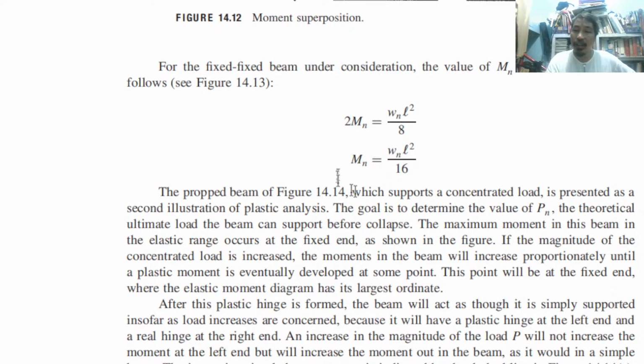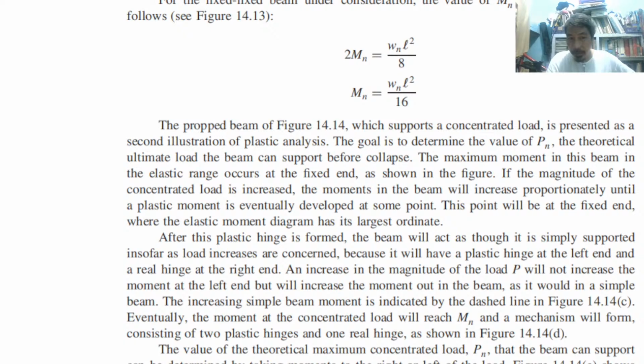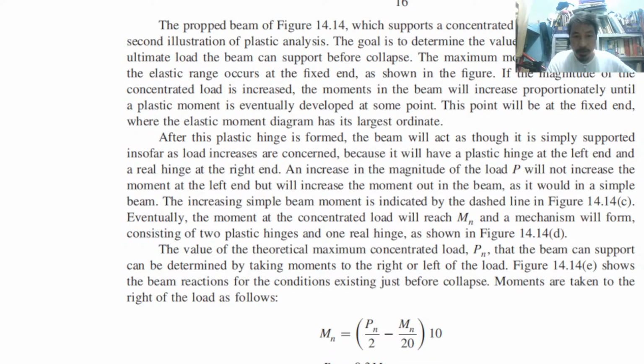So this is the relationship between moment and Wn. So M is equal to W L squared over 16. Take note of this. Okay? So we will use that in order to estimate.